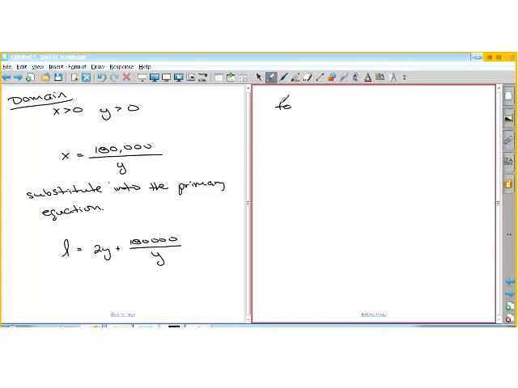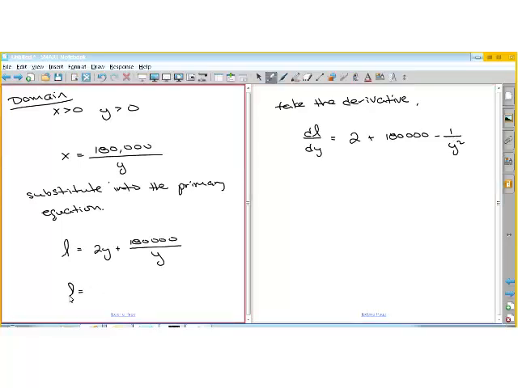Take the derivative. And we take it with respect to y, of course, so we take dL/dy. So the first term just becomes 2, and for the second term, we're going to have 180,000 times the derivative of 1 over y, which is negative 1 over y squared.